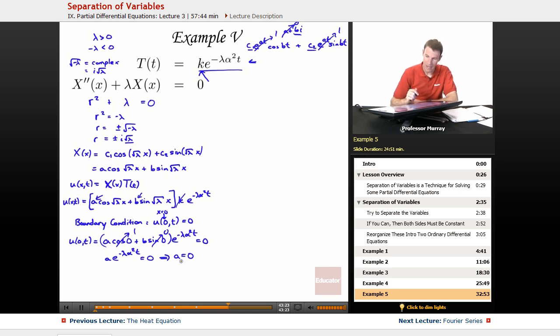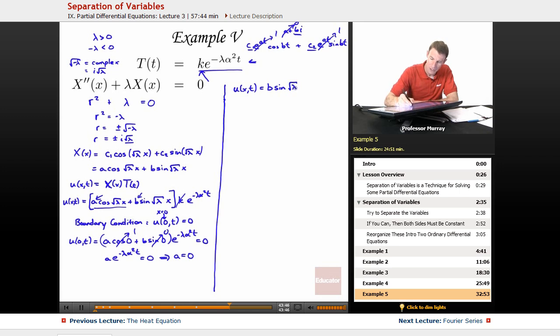Now let's look at how we're going to incorporate the other boundary condition, and let me remind you what that was. So my u of x,t simplifies down a bit. Since our A term has gone away, it's just B times the sine of root lambda x, all of that multiplied by e to the negative lambda alpha squared t.